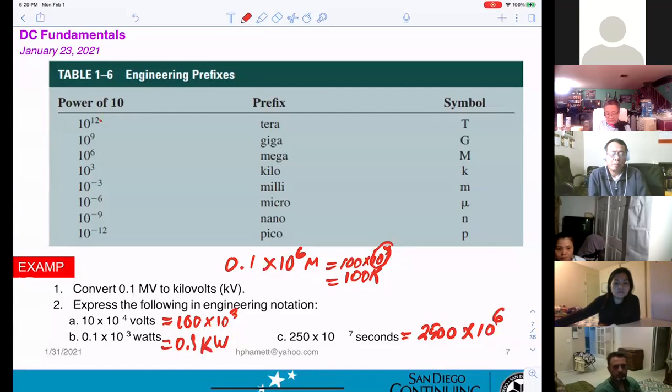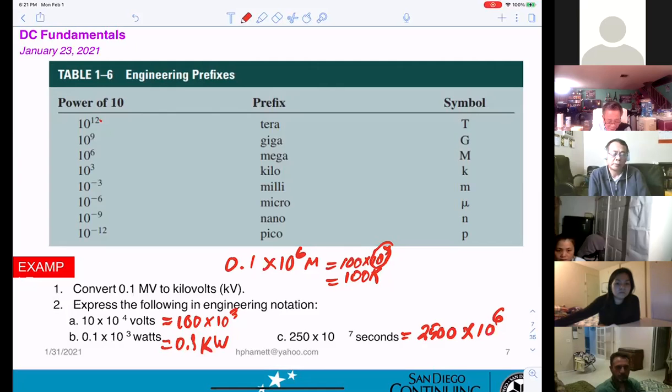And same thing, the A we can do 100 kilowatt. You should change the kilowatt.